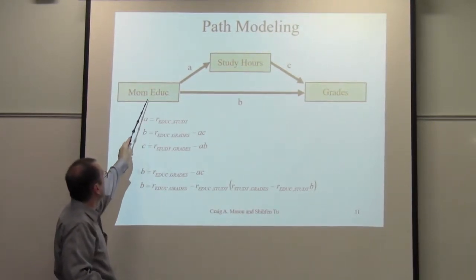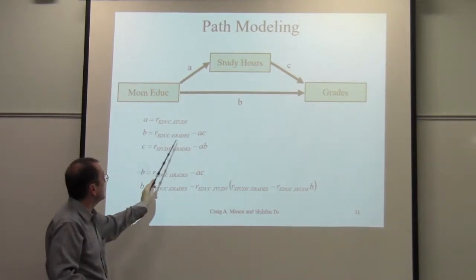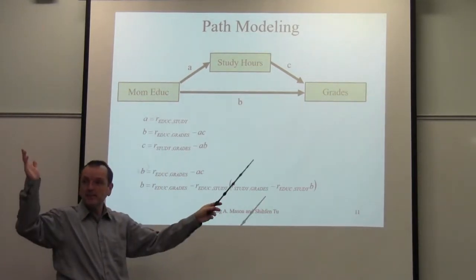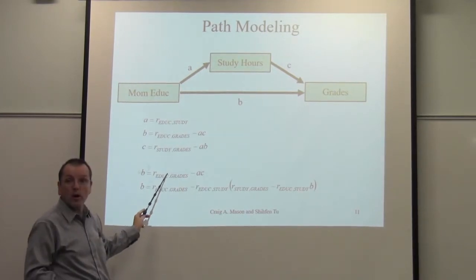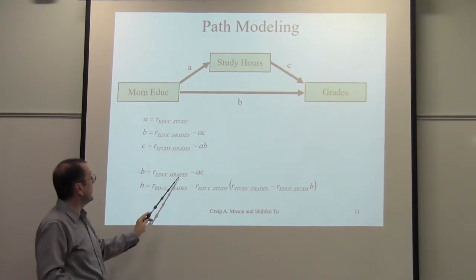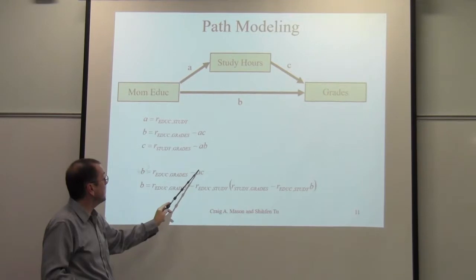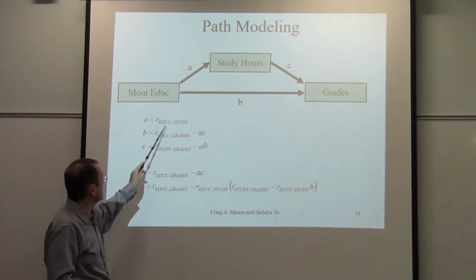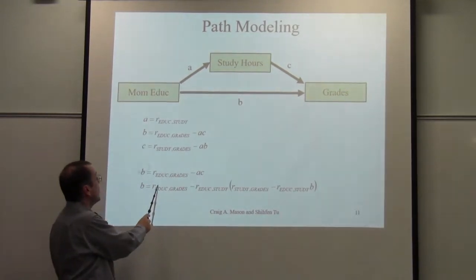Let's start with what we know. Here's the three. Here we know A is equal to this, B is equal to that, C is equal to that. And we already know the value for A. That's easy. A is the correlation between education and study hours. So let's solve for B. So B was the correlation between education and grades minus A times C. We'll substitute A for A. A was the correlation between education and study hours.